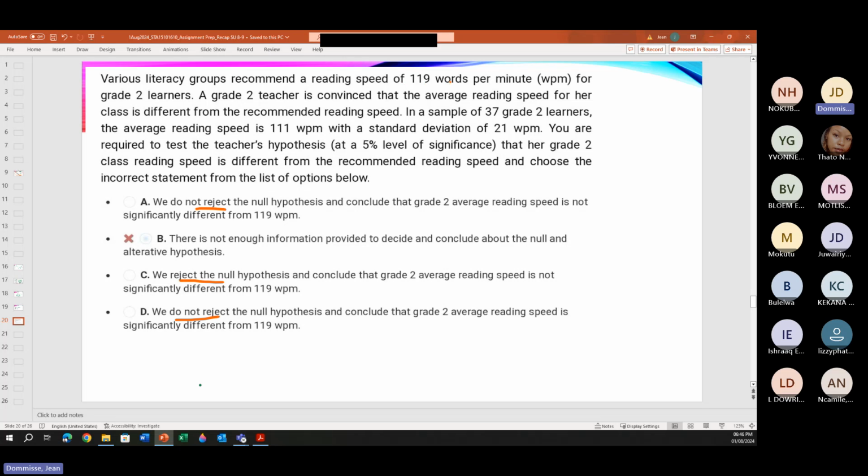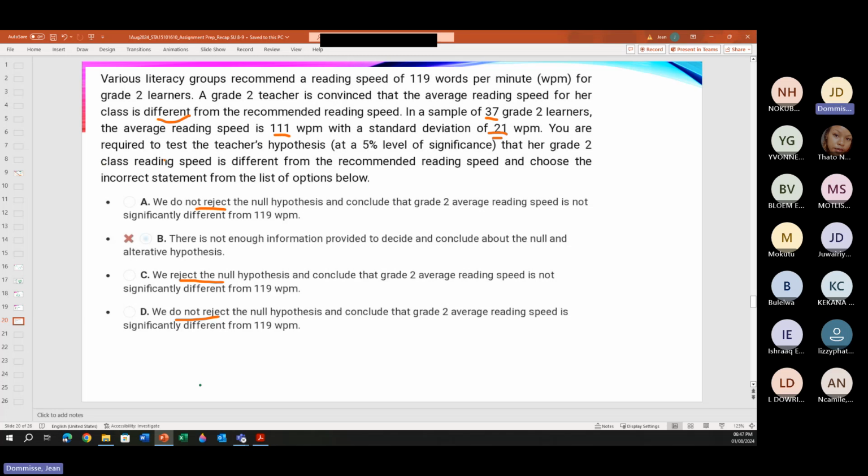For grade 2 learners, a teacher is convinced that the average reading speed for her class is different from the recommended reading speed. In a sample of 36 grade 2 learners, the average reading speed is 111 with a standard deviation of 21.